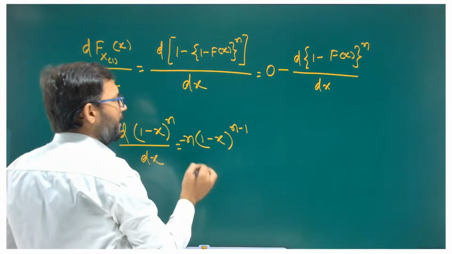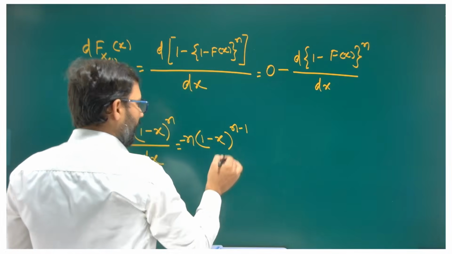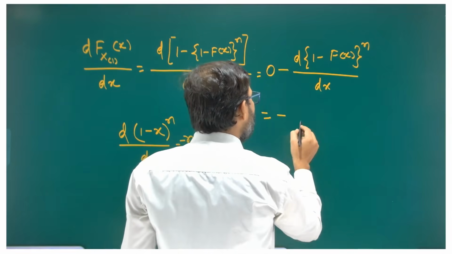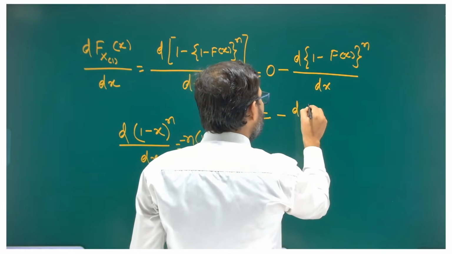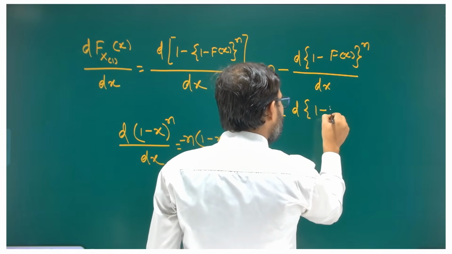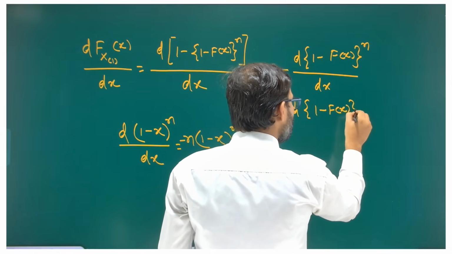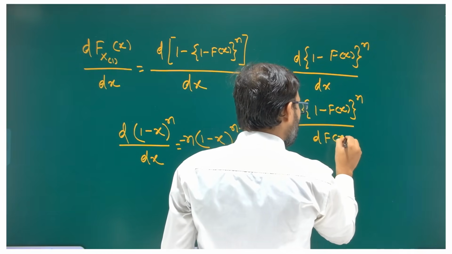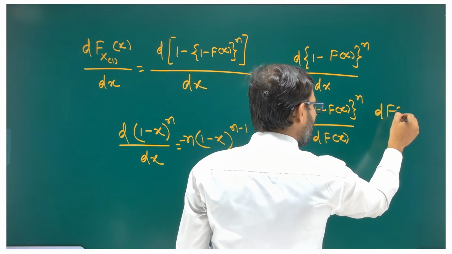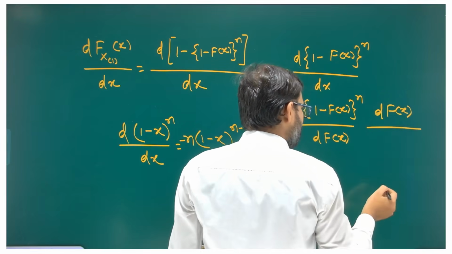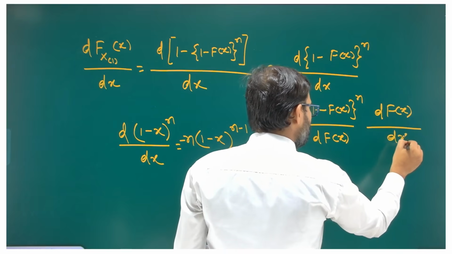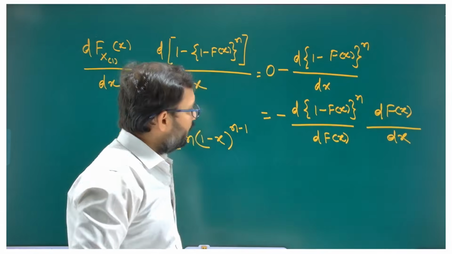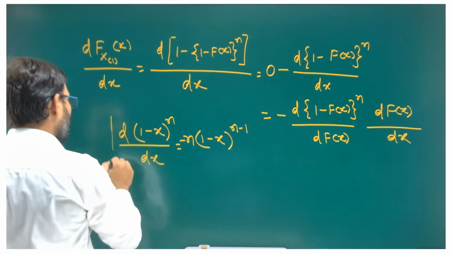So at this time, I am writing minus before, then d of 1 minus capital F(x) to the power n by d capital F(x), and then d capital F(x) by dx. This is either called the product rule or chain rule. I generally say chain rule, but the formal name for it is the chain rule.